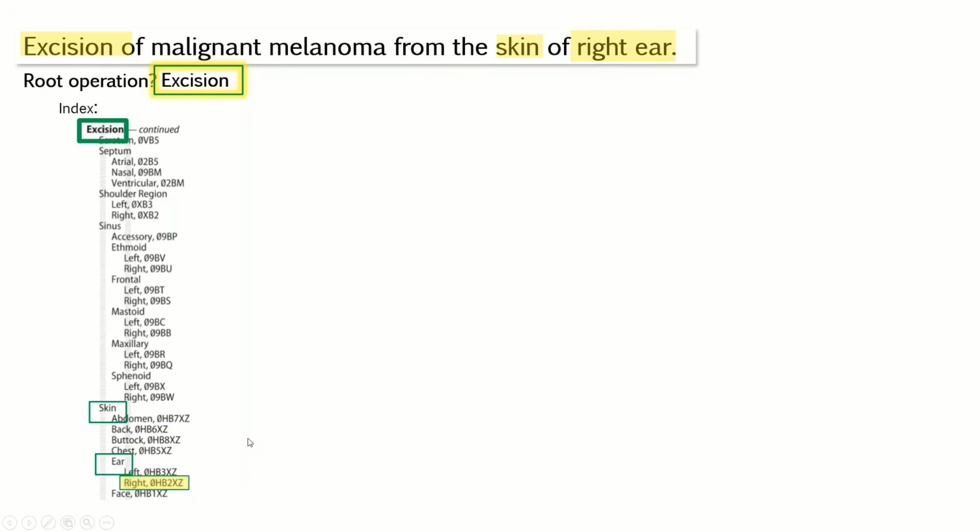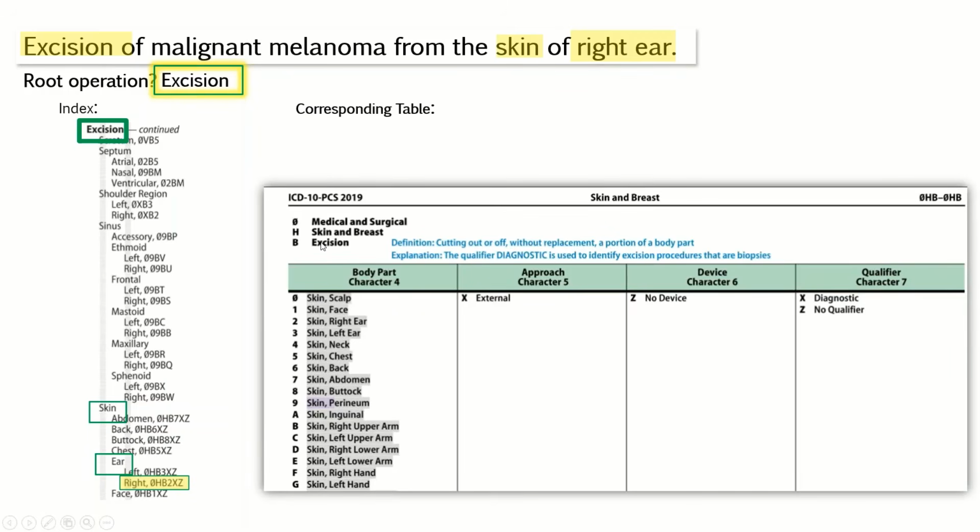So we need to go find the corresponding table for 0HB, those 3 characters. And it tells us this is medical surgical section, skin and breast, excision. Now, what is our 4th character? Well, our default code says it's 2, and let's go ahead and see, and that is right.